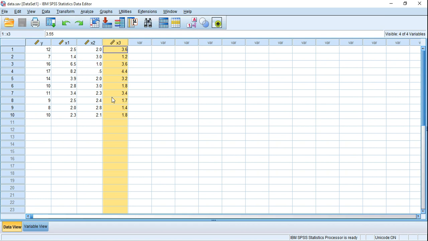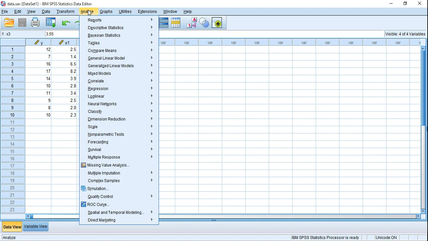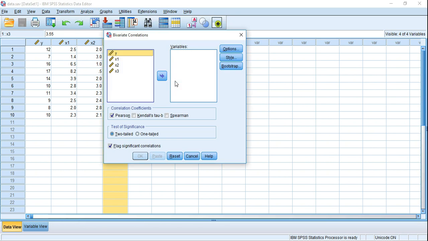However, to run the correlation analysis we have to go to Analyze, focus on Correlate, and then click on Bivariate. All the variables of your model will be found listed on the left side, and you have to pass those variables to the right side.